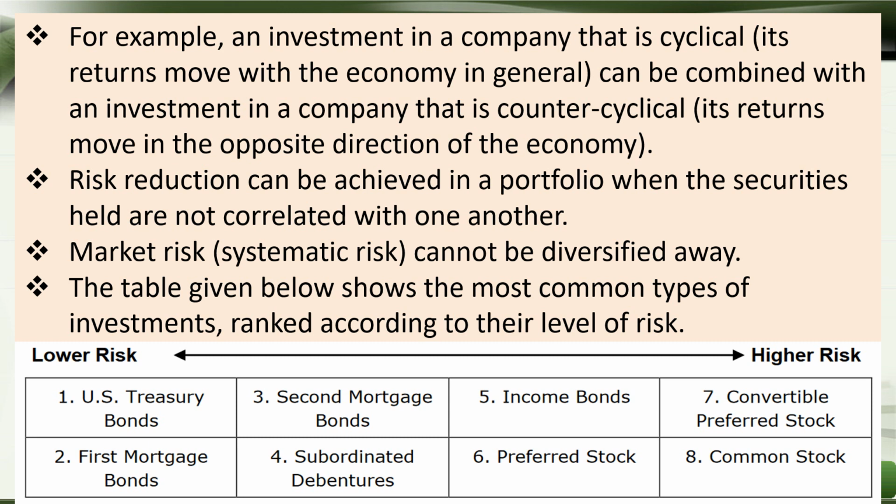That's why it is called counter-cyclical. One moves against the other. Risk reduction can be achieved in a portfolio when the securities held are not correlated with one another. Market risk, that is called systematic risk, cannot be diversified away. That's a point that we already know.